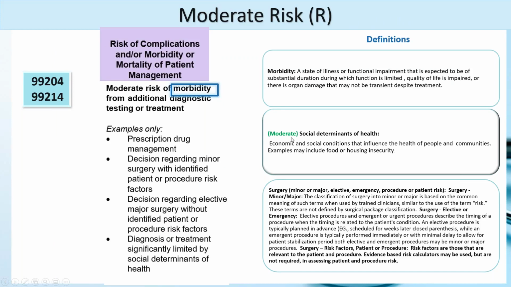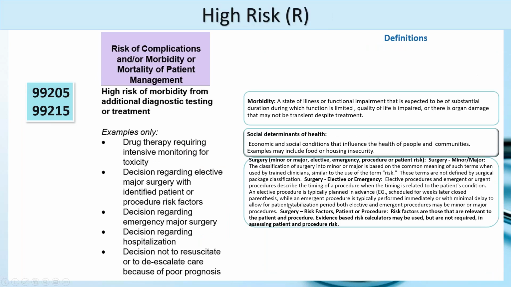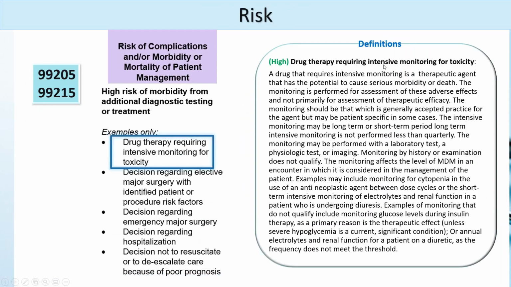Morbidity, here's the definition: moderate social determinants of health. Surgery, all are defined here. And morbidity, same thing. This is major health, so we're going to keep going. And then finally, drug therapy requiring intensive monitoring for toxicity.